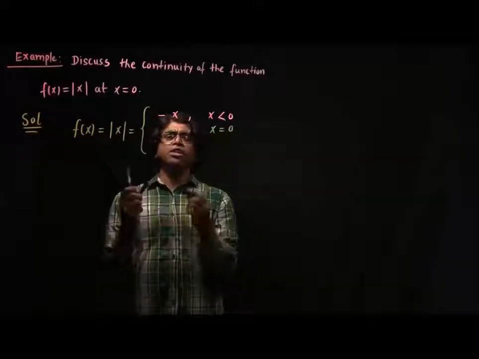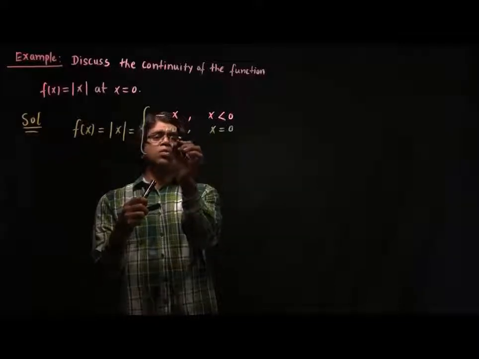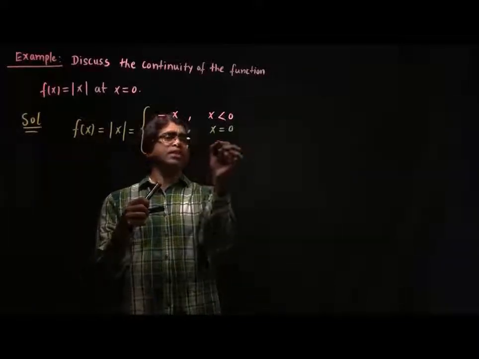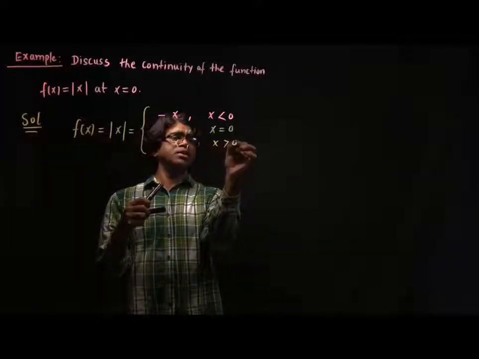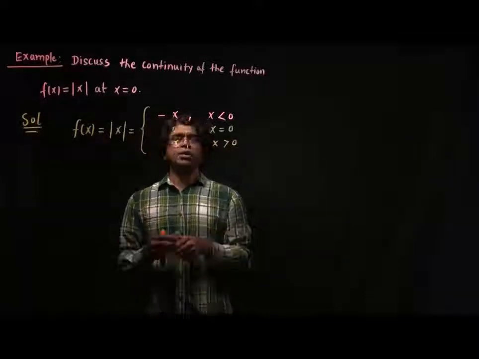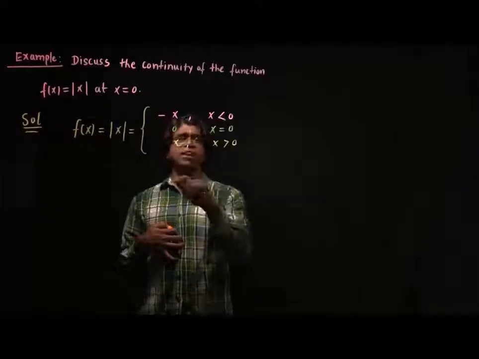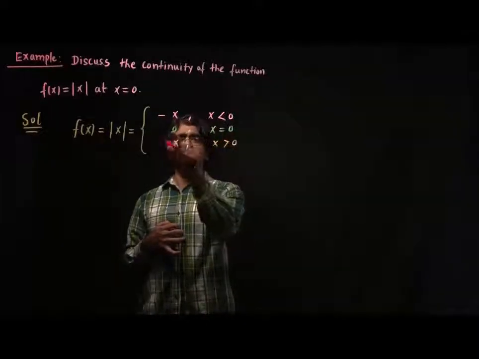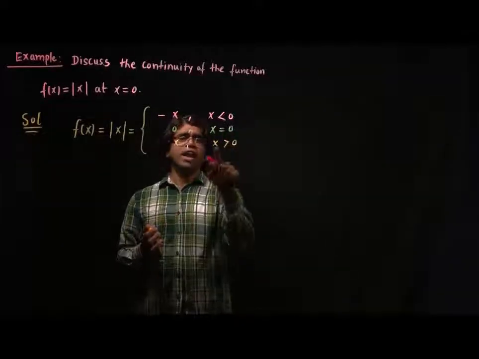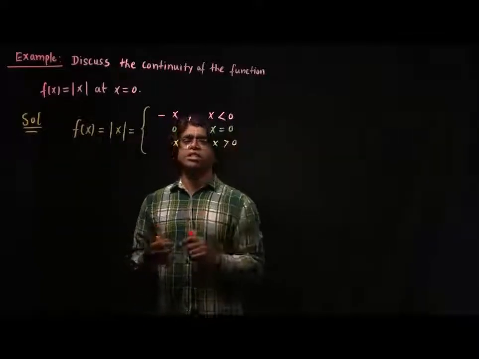And the function is equal to x when x is greater than 0, right? Now, as you can see, when x is less than 0, the function is negative x. When x is equal to 0, the function is 0. And when x is greater than 0, the function is x.